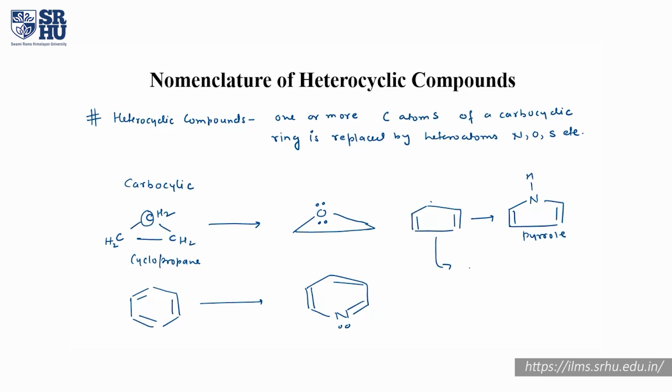Maybe we can also replace the third carbon of this pyrrole ring with again a nitrogen atom, and we get imidazole. So these are the compounds which I have just shown you. They are all heterocyclic compounds because they are cyclic and contain a heteroatom, an atom other than carbon, in the ring.